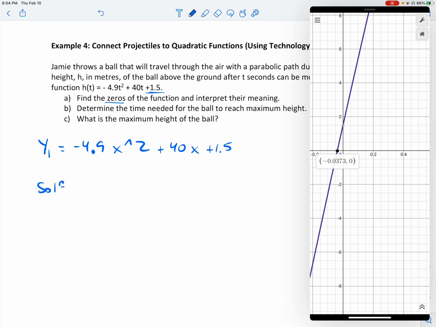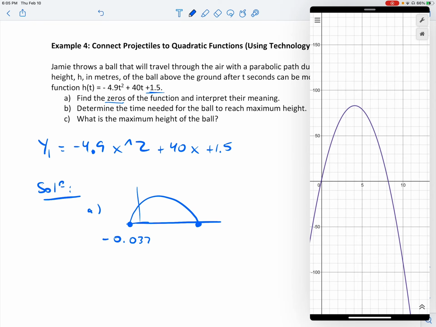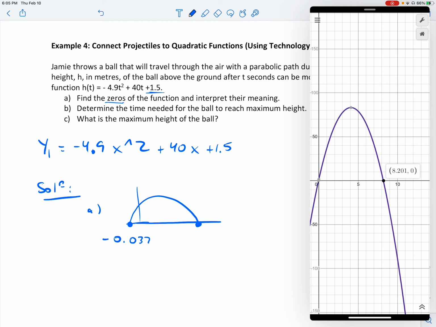So, solution, part A. I'm just going to draw a little picture of the graph. I'm going to exaggerate things a bit. This one was at negative 0.037, and the next one was at 8.2.